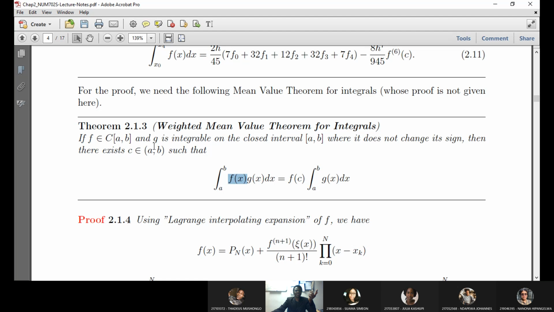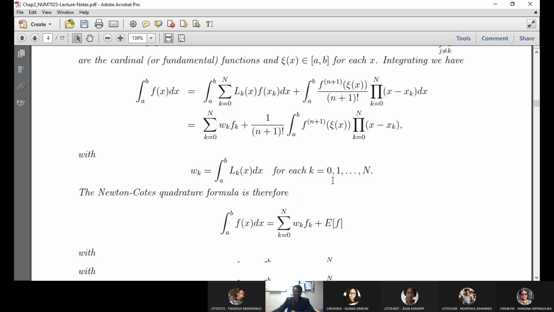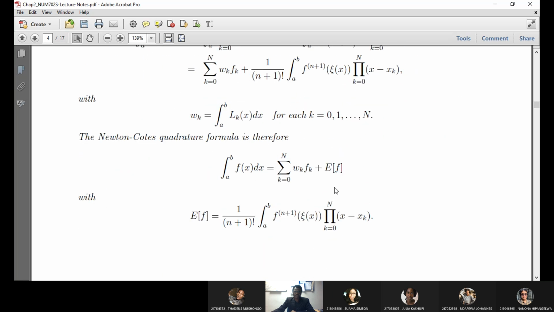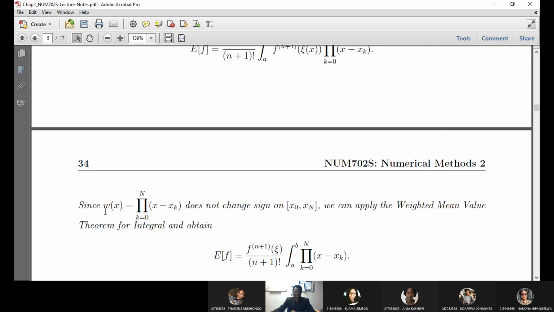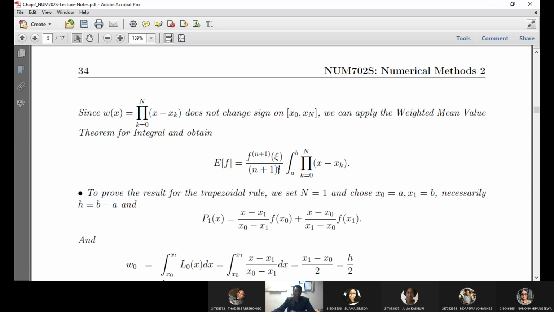And g has to be integrable, because when you take f out of the integral sign, if you write the integral of something, that thing has to be integrable, right? And that is the case for this function, which we call w(x). It's a polynomial. So a polynomial is an integrable function, and it doesn't change its sign within. Right? So if you apply that weighted mean value theorem for integrals, you obtain this result.